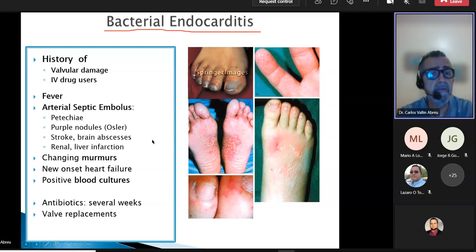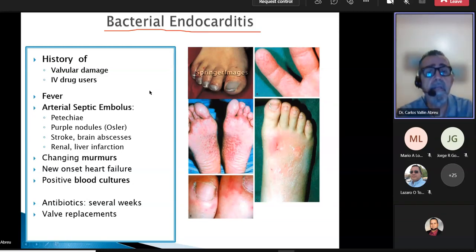Of course, the heart is going to have a progressive deterioration of the valve, which is going to make the murmur more intense, and heart failure can appear as a new onset heart failure in those clients.